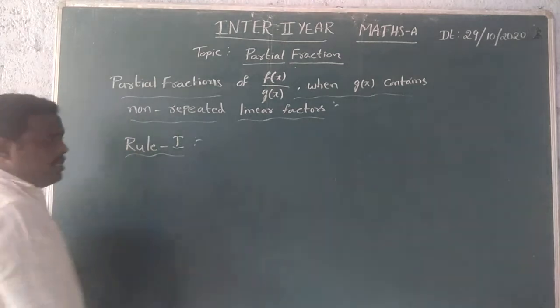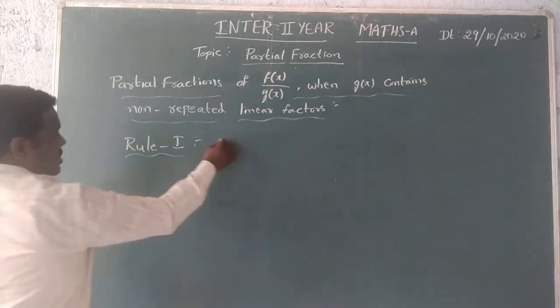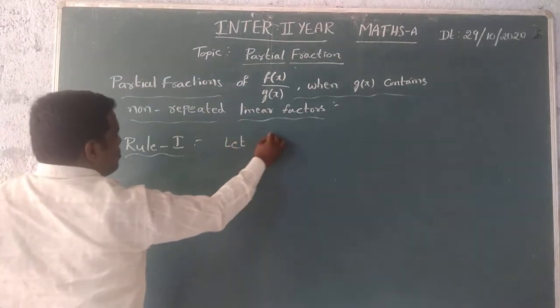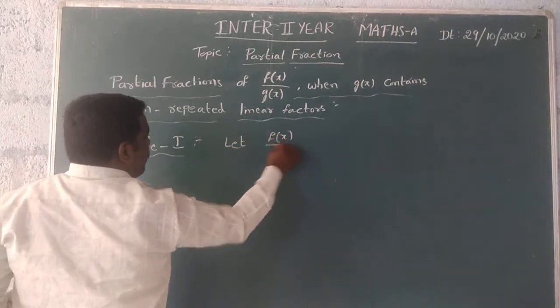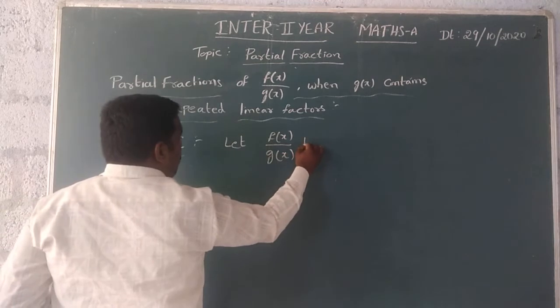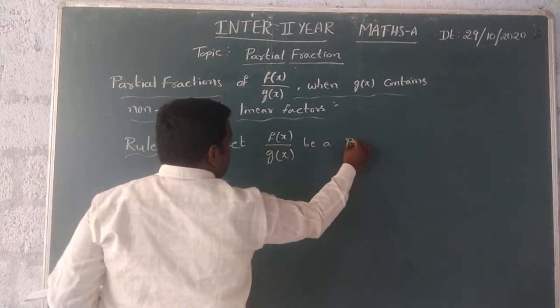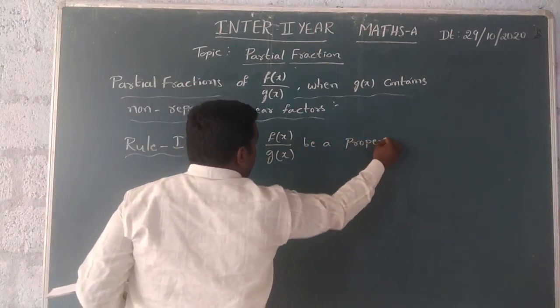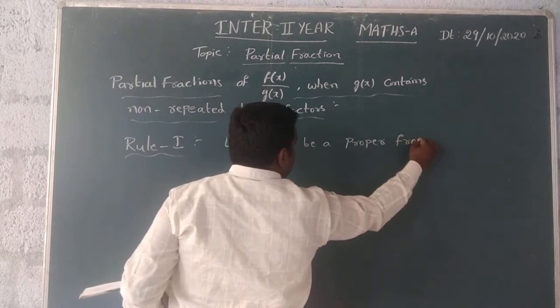So what is rule 1? Let f of x by g of x be a proper fraction.